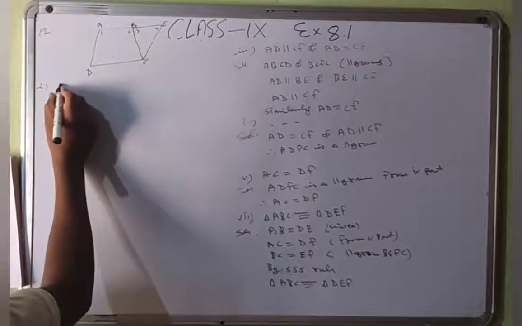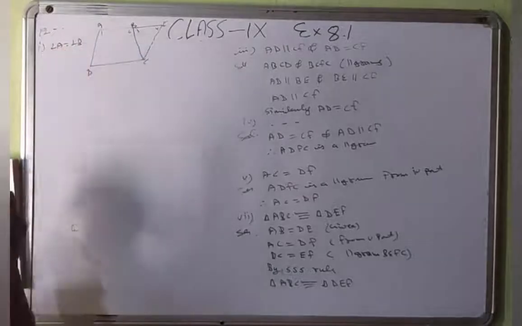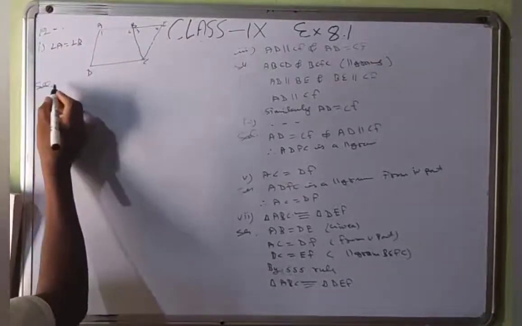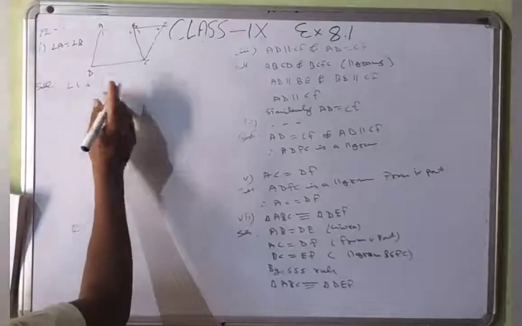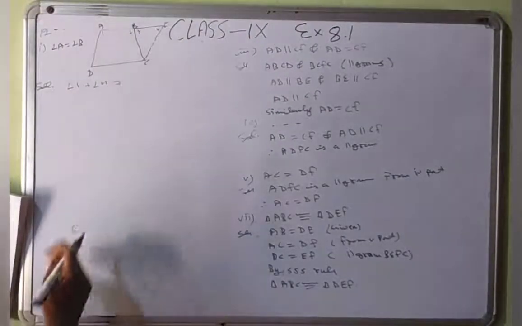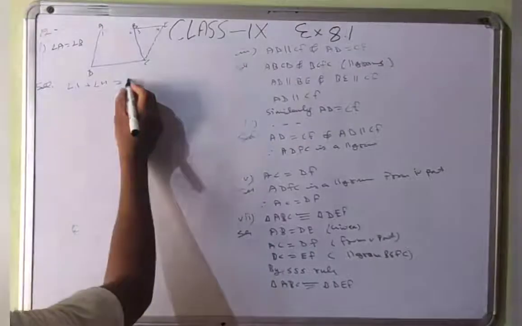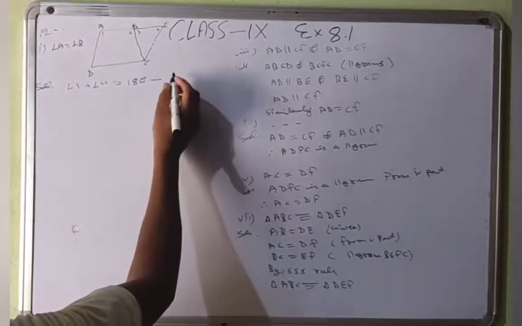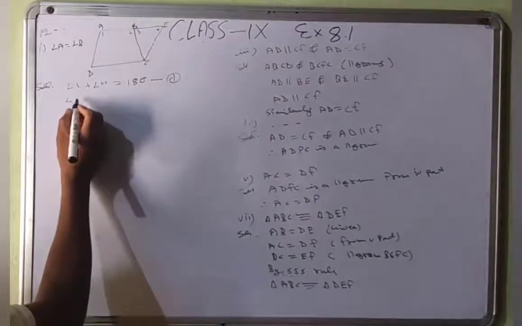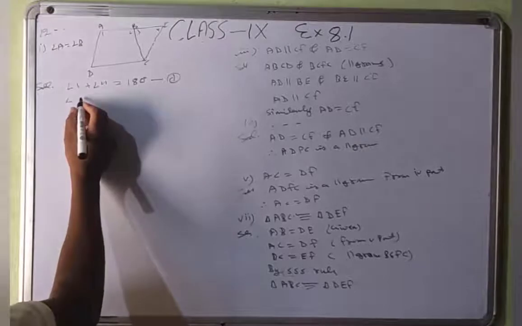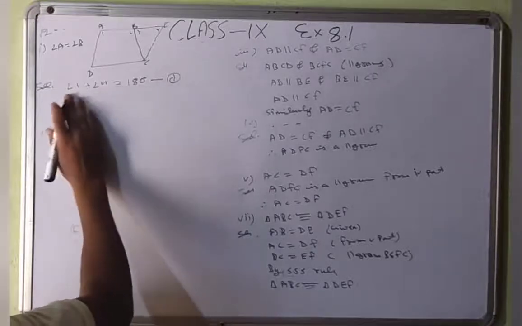First part, angle A is equal to angle B. Solution: angle 1 plus angle 4 is equal to 180 degrees by parallel lines.